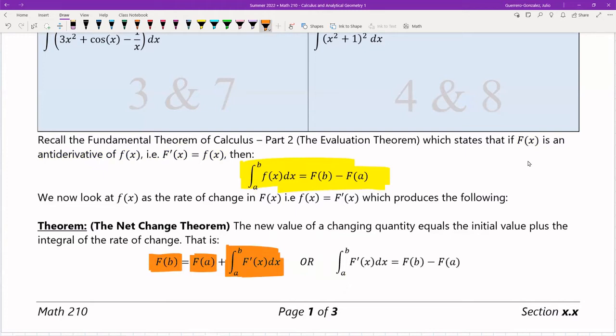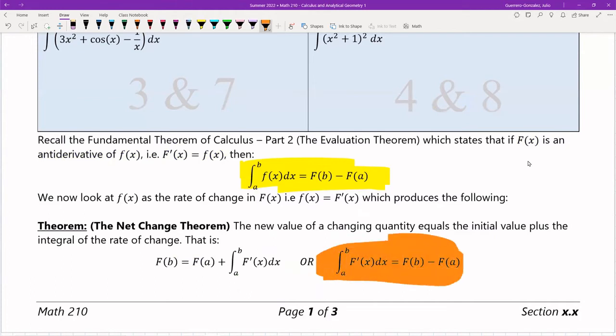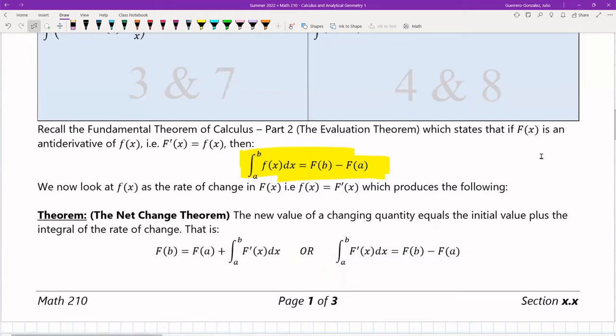If I do it with the equation that's on the left, it makes a little bit more sense. And if I do it with the equation on the right, you can see that this is sort of a corollary to the original evaluation theorem, the second fundamental theorem of calculus. That's all it is.